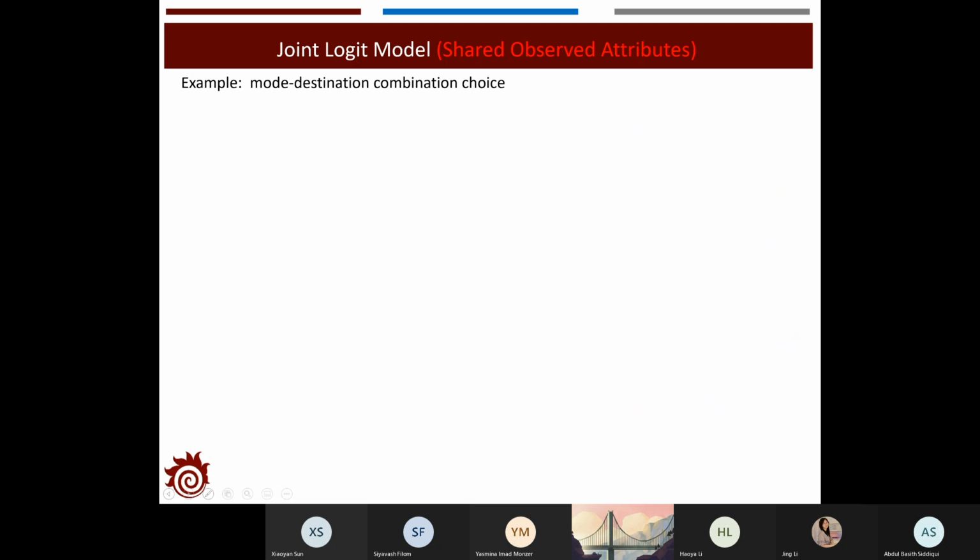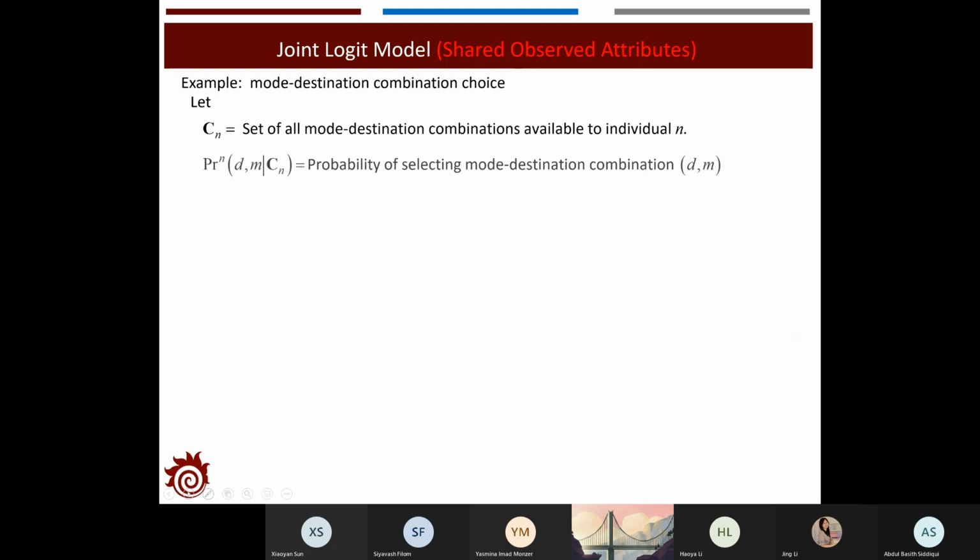So here we said that Cn is all the mode destination combinations for the individual n, and we assume that the probability P_dm would be the one for the individual n to choose the destination d and the mode m. Also, we define the utility for the mode destination combination dm, that is U_dmn for the individual n.